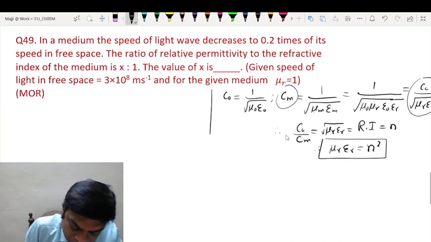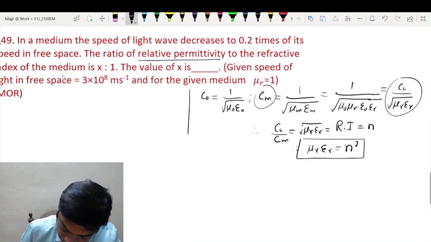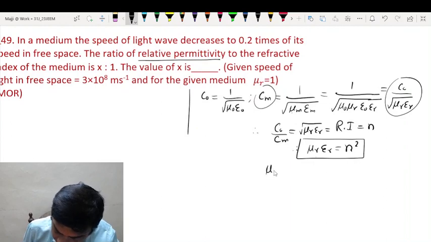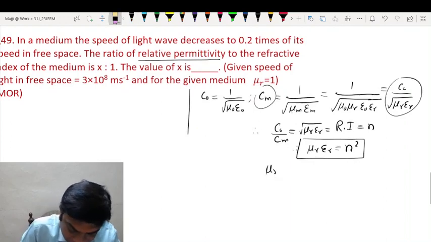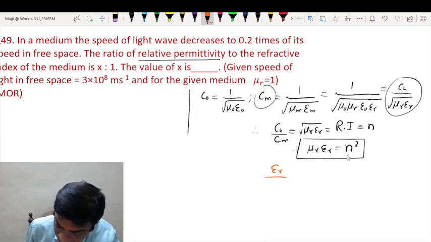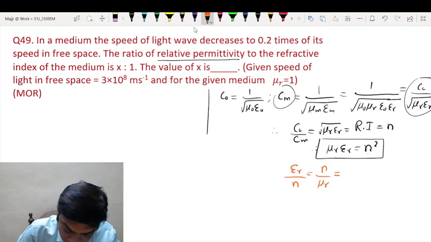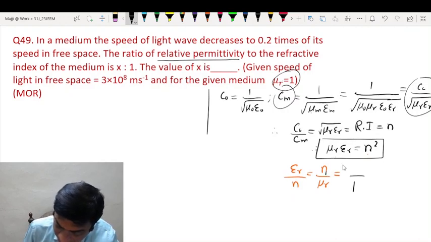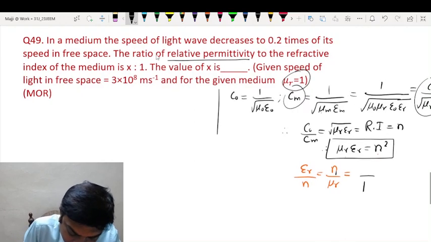Now we have to find the ratio of relative permittivity and the refractive index. That is, we have to find relative permittivity epsilon r upon n, which will be n by mu r. Now mu r is given as 1, and refractive index can be obtained from the first statement.